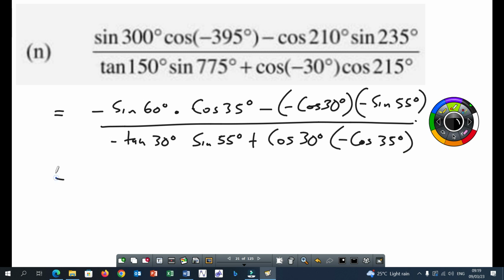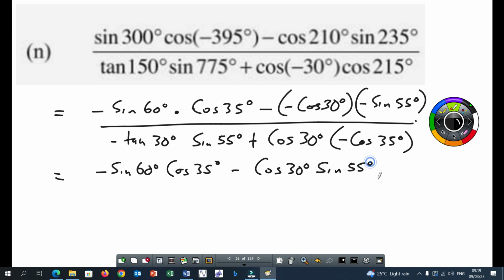Okay, then I would suggest that we simplify this first before introducing the special angles. So if I multiply these two, I'll get minus sine 60 times cos 35. Then these two will give me a negative, so I'll end up with minus cos 30 degrees times sine 55 degrees all over.